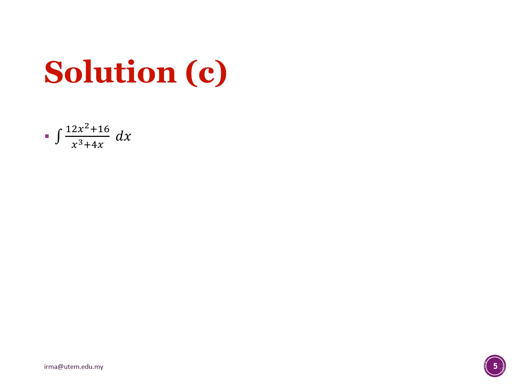So we will choose u as x cubed plus 4x. From here, differentiate it and you will get 3x squared plus 4. And from here we will have dx equal to du over 3x squared plus 4.